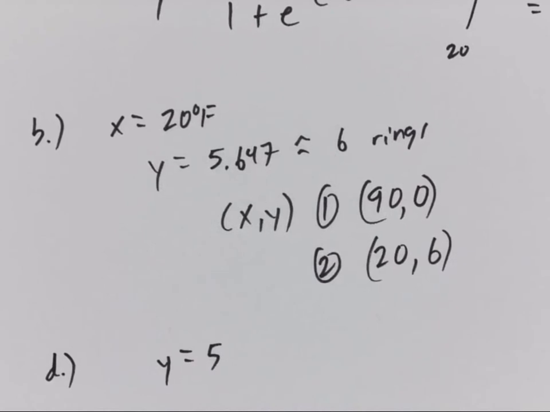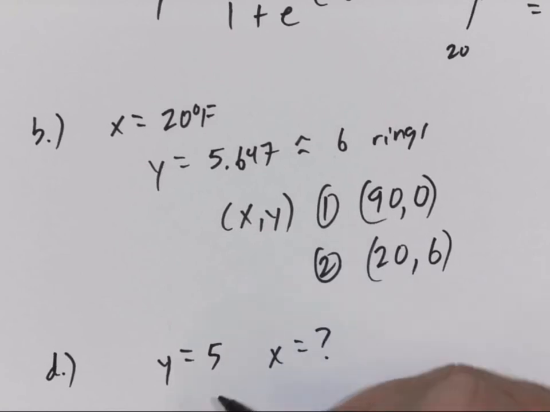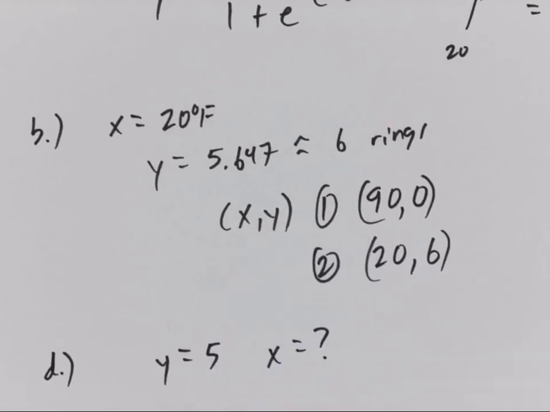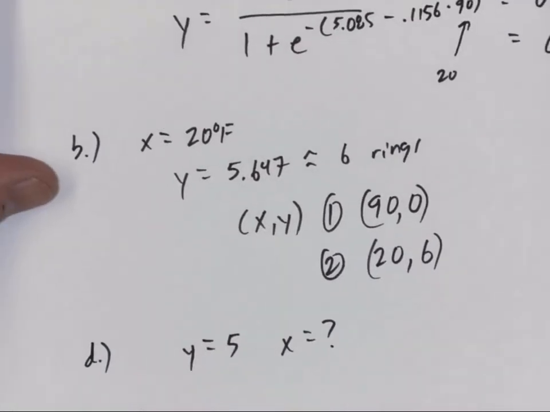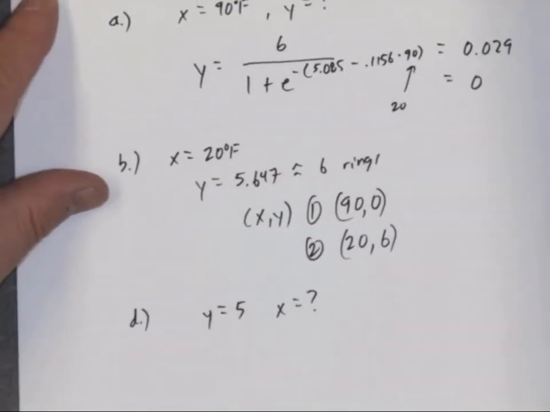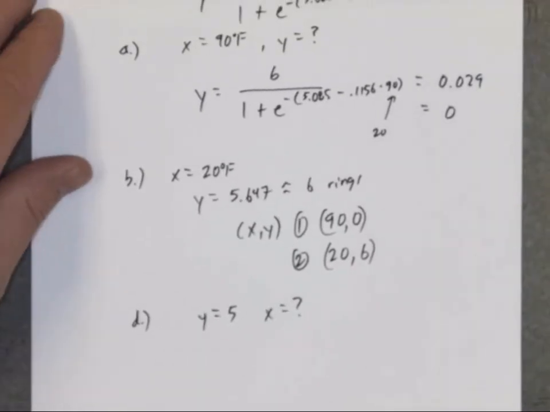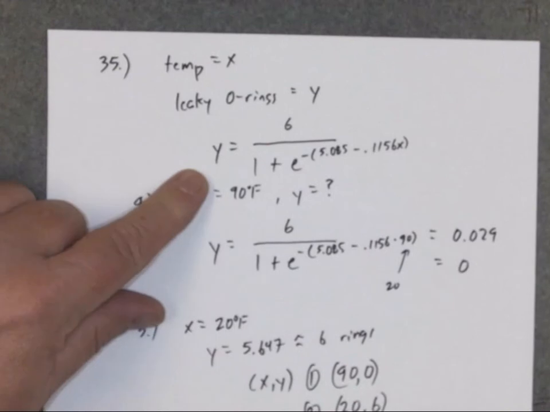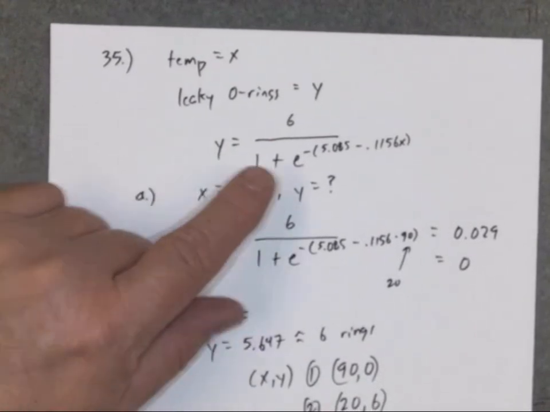What is the temperature that will give us 5 leaky O-rings? So we're going to take our initial equation, and now I'm going to plug in y equals 5 and calculate x. So I'm going to put in 5 for y and calculate x.